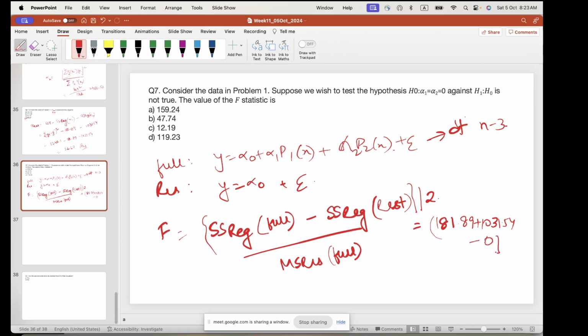So this will be 0 by 2 by MS residual full. So that will be 26.67, SS residual divided by n minus 3, which is 7.